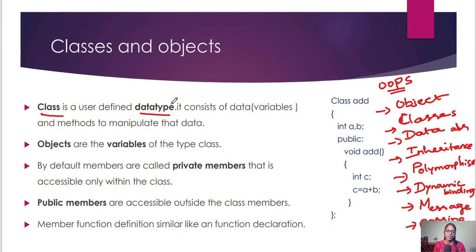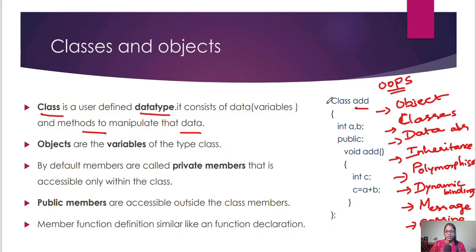For example, I am defining a class add. I am creating a class add which consists of a set of data variables and methods to manipulate that data. So I am creating a new data type which consists of some data and methods. Methods means functions to manipulate that data.